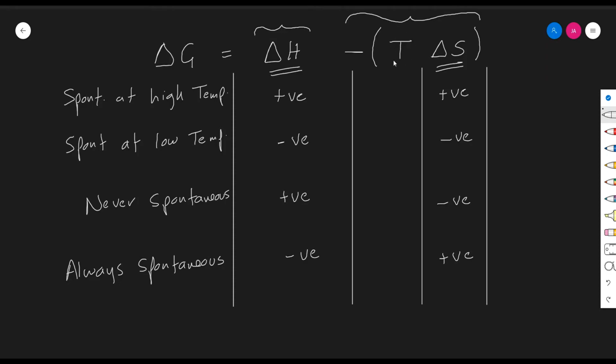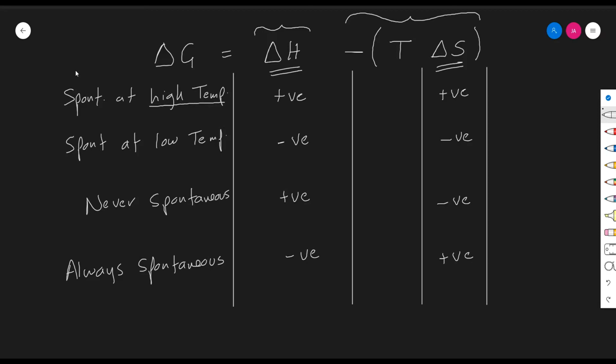Because if the temperature is really high, then this overall negative term would be larger than this positive term, producing a negative Gibbs free energy change of the reaction. And this is why it's stated here that in this case, when the enthalpy change of the reaction is positive and the entropy change is positive, the reaction would be spontaneous at high temperatures.